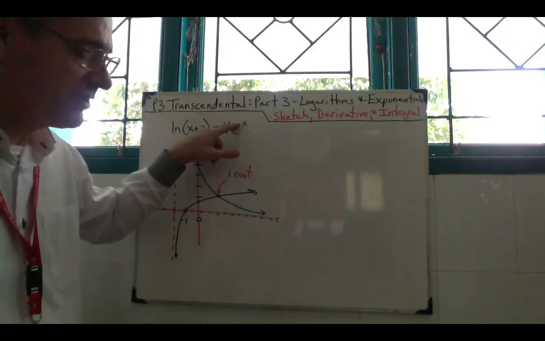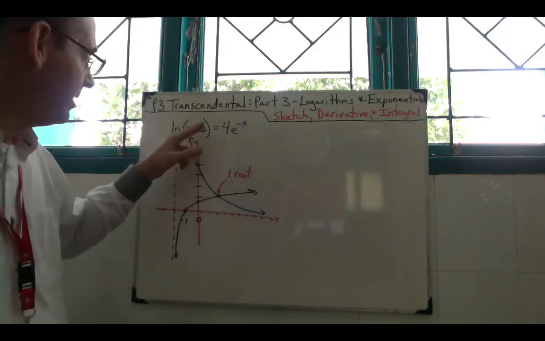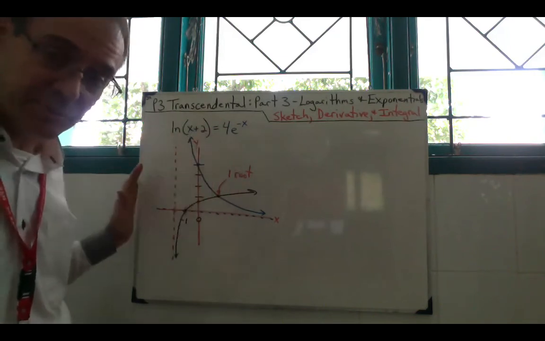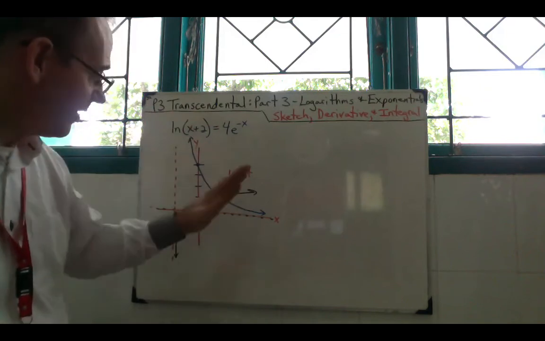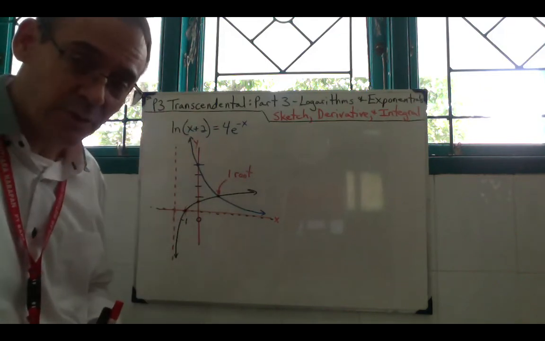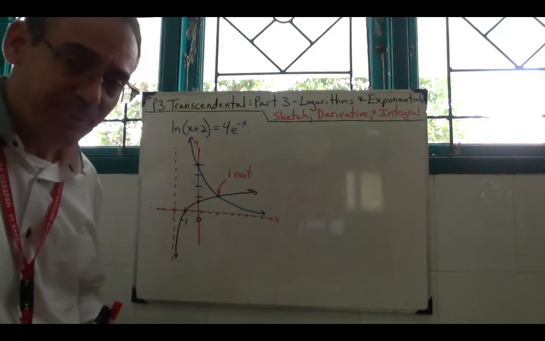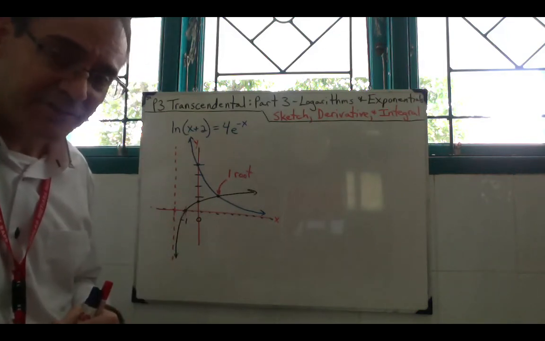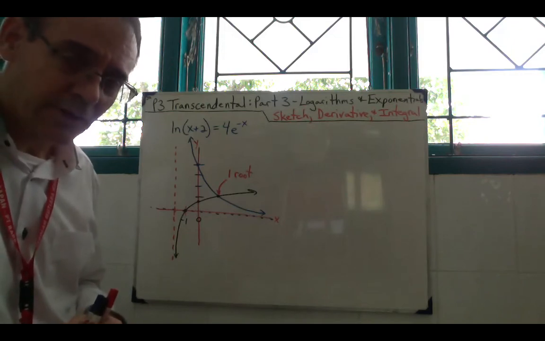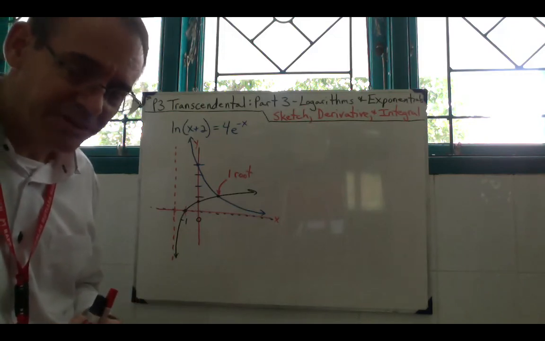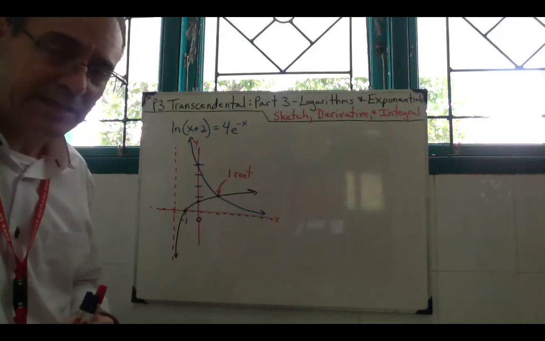Again, you need to understand reflections. You need to understand translations: move left, right, up, down, reflecting it over one axis or another. So it's kind of a limited exposure. They don't ask a lot of sketching for logarithmic or exponentials, but it's worth keeping in mind.